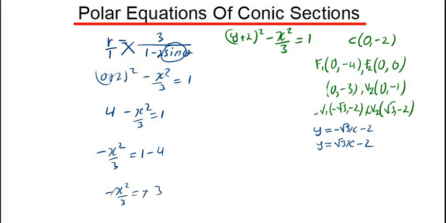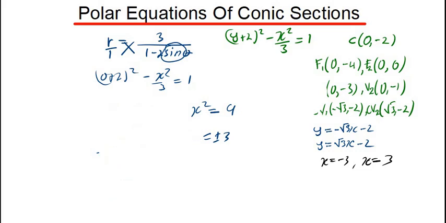The negatives go, and you have x squared equals 9. Meaning x is equal to positive or negative 3. So you have x equals -3 and x equals 3 for the intercepts. What about the y-intercepts?